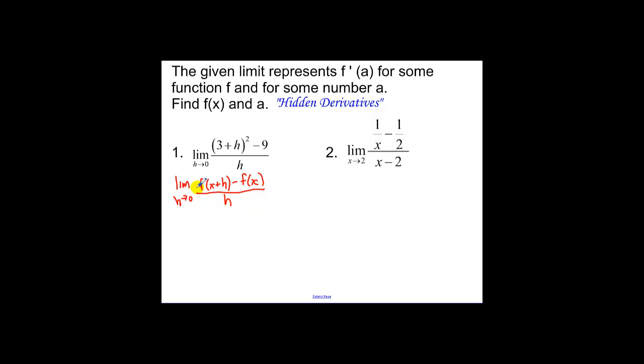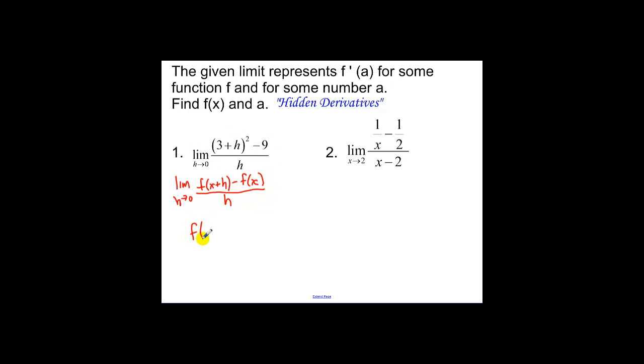So how does this function kind of resemble that derivative? Well, I have limit as h goes to 0, so that gives me a heads up. I have an h on the bottom. So it looks like this is what I call a derivative in disguise of some function.